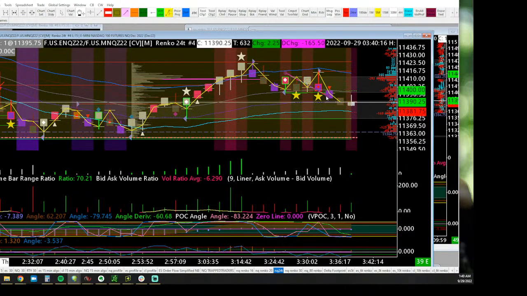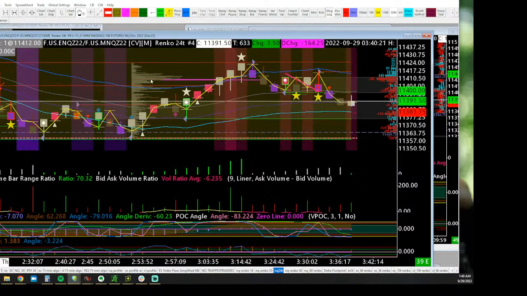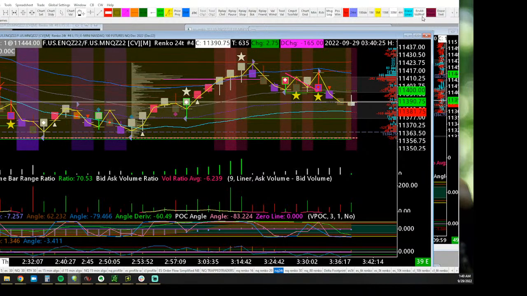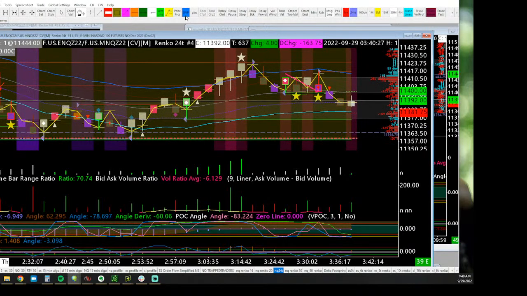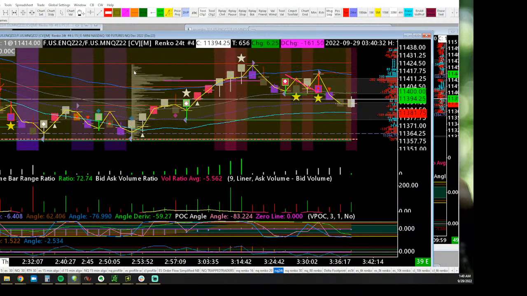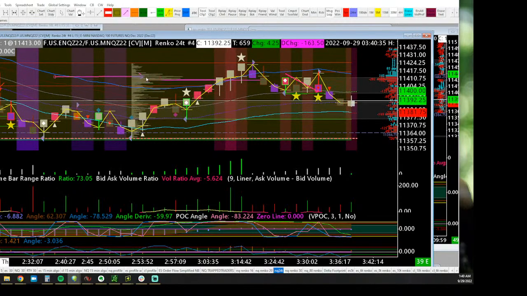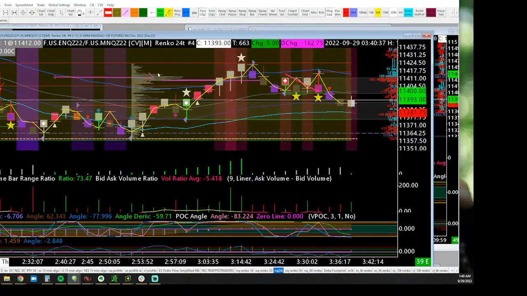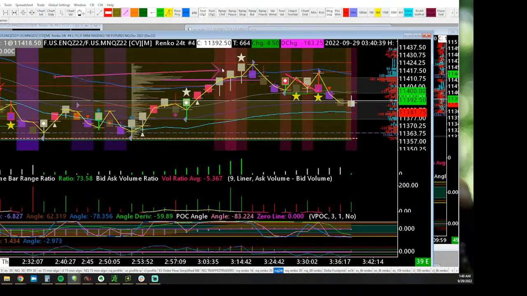I'm debating whether or not this might have actually been pretty good because this high volume node is way at the, see, this is a draw. Here, I'll do it again in case anybody's here that wasn't here earlier. We draw the volume profile of the up move to this apex, and the high volume node on that move is at the high, kind of like a P profile, if you know how to read profiles.